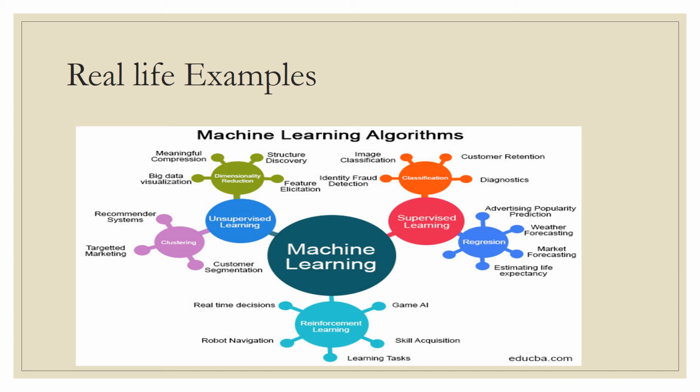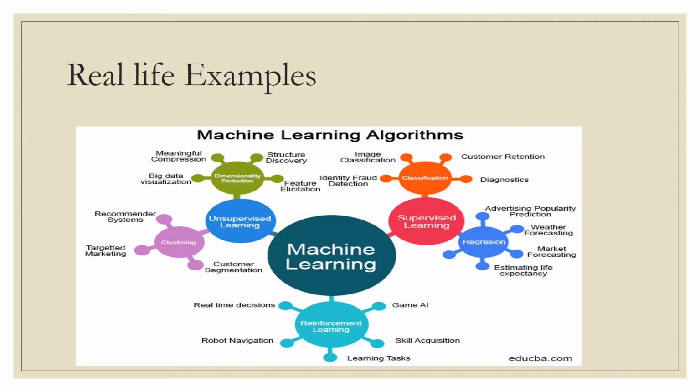Then the next is identity fraud detection, wherein whether there is a fraud or there is not a fraud. So with classification algorithms, we can determine these things. Image classification, whether the image is of a dog or a cat or a mouse. So we can use classification algorithms to find out the solutions of our day-to-day problems.